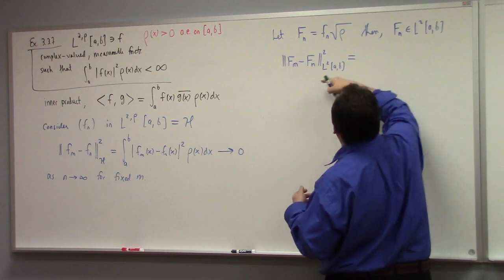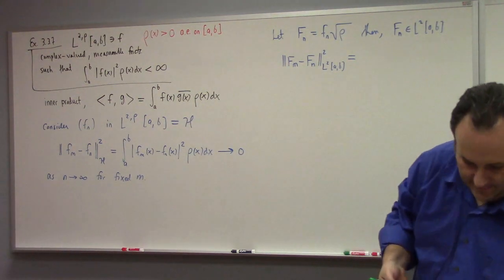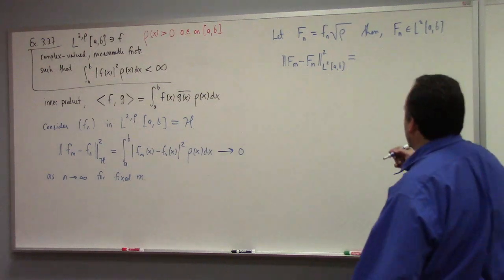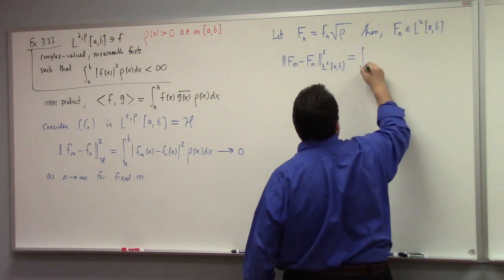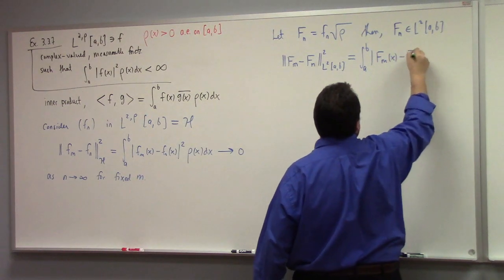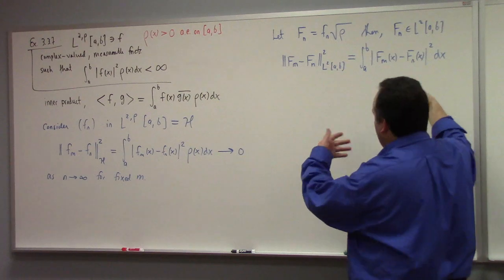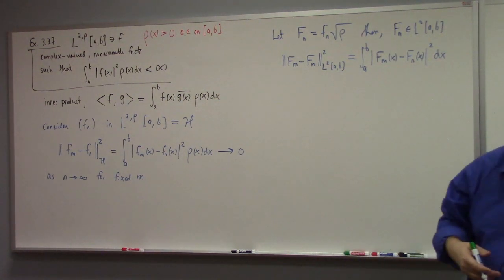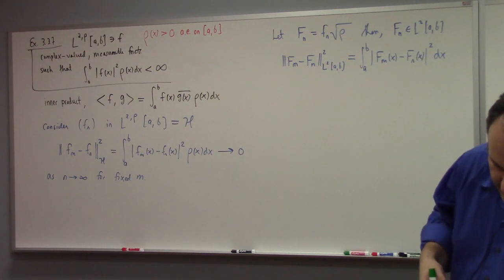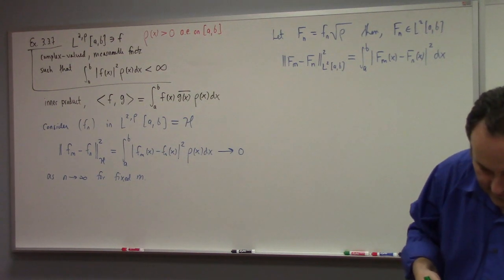So this is something we can then calculate meaningfully. And that is just straight up the integral from a to b of the modulus of Fm of x minus Fn of x squared dx. No rho this time because we're just in L2. If you want to think of it, L2 is just with weight 1.